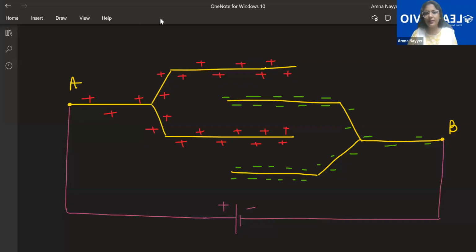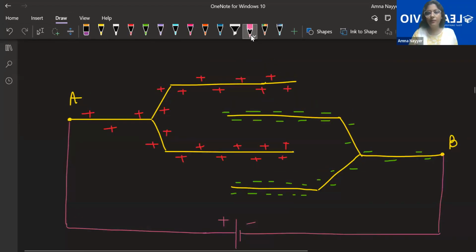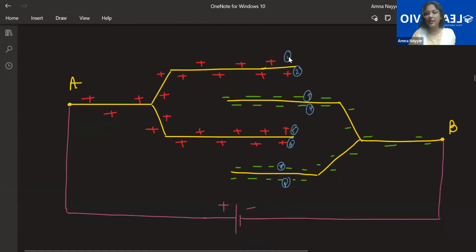See how many charged sides you have now. If you see here, this is 1, this is 2, this is 3, this is 4, this is 5, this is 6, this is 7, this is 8. Now see, you have to identify the number of capacitors. One plate is not forming any capacitor.